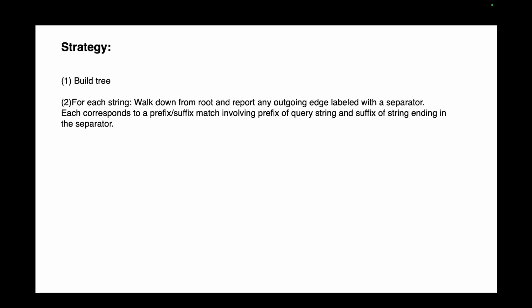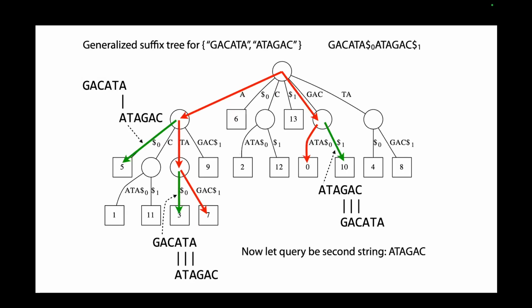Now, the idea is to build this suffix tree, and for each string, work down from the root and report any outgoing edge labeled with a separator. Each corresponds to a prefix of a query string and a suffix of a string ending in the separator. Now, we'll go into the details here.